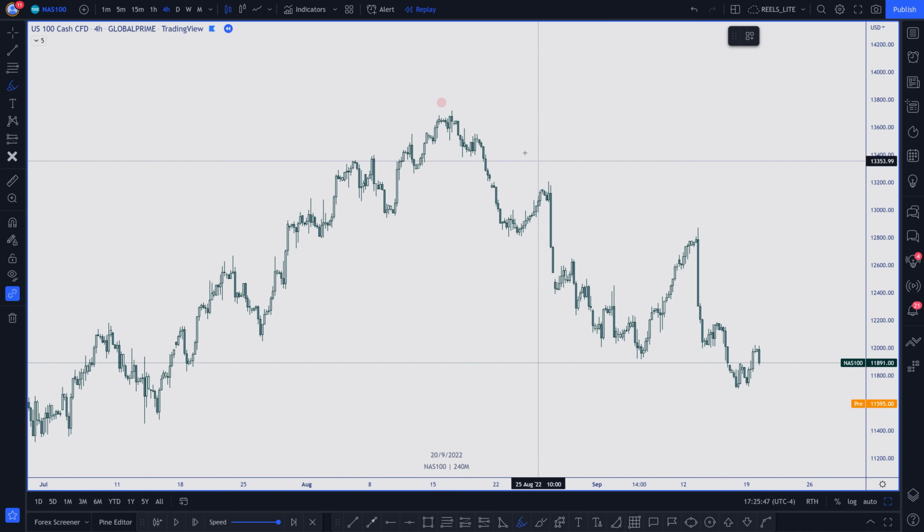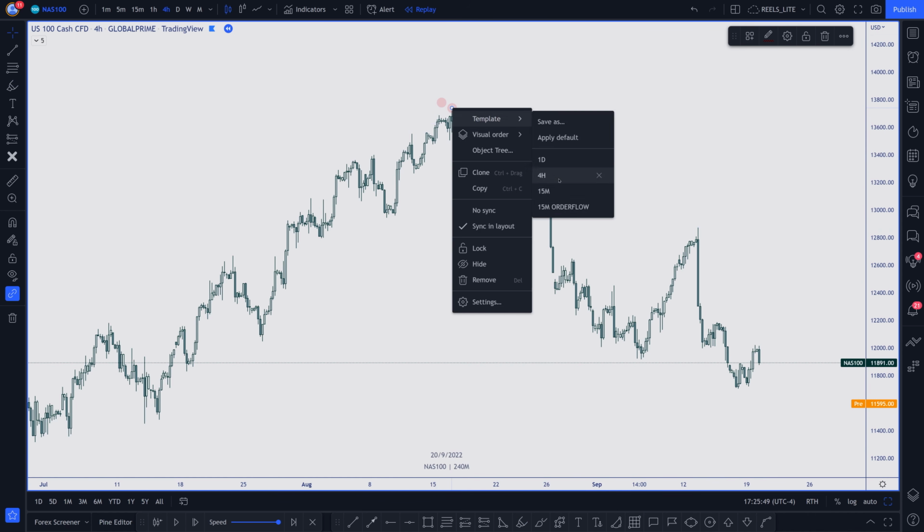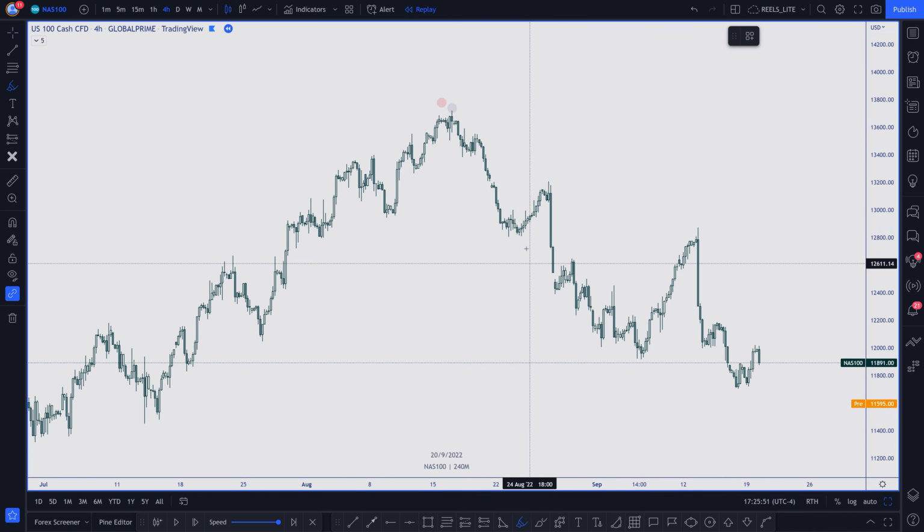So the 4-hour looks something like this, where we're bearish, making lower highs, lower lows. I'm going to consolidate this all into one leg just for the sake of it, but essentially you could count this as swing structure. It's pretty small. Overall, this is the larger picture that we want to have a sense of.